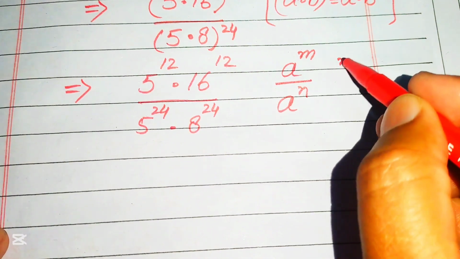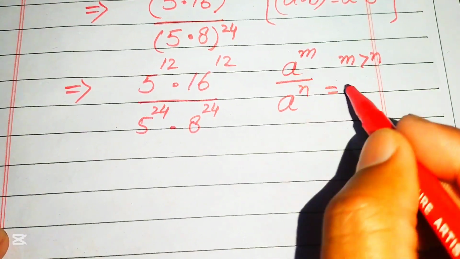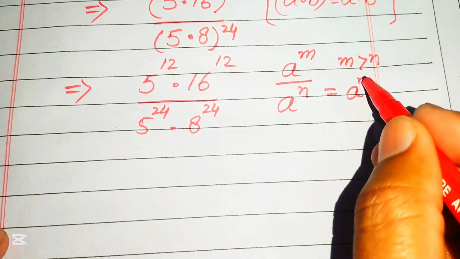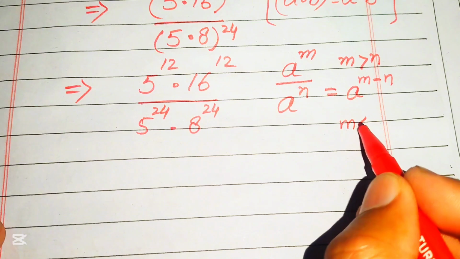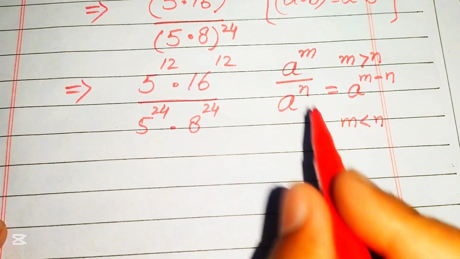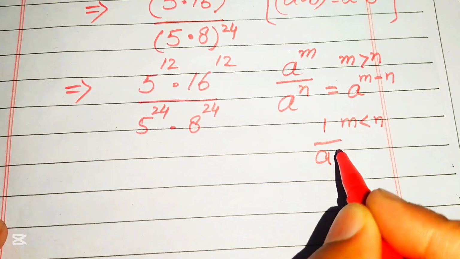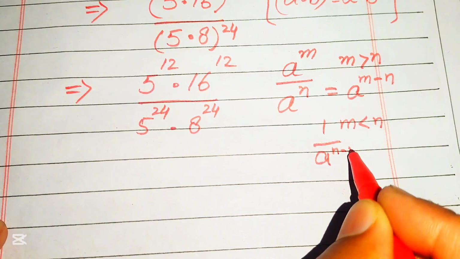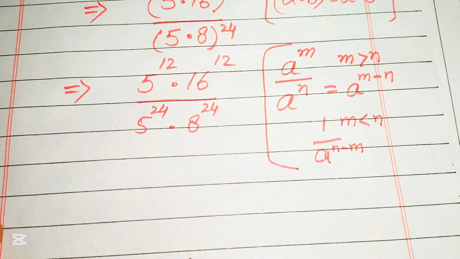The first case is that if m is greater than n, then we write this term as a to the power of m minus n. But if m is less than n, then we write it in this form: 1 over a to the power of n minus m. So these are the two forms of this exponent law.